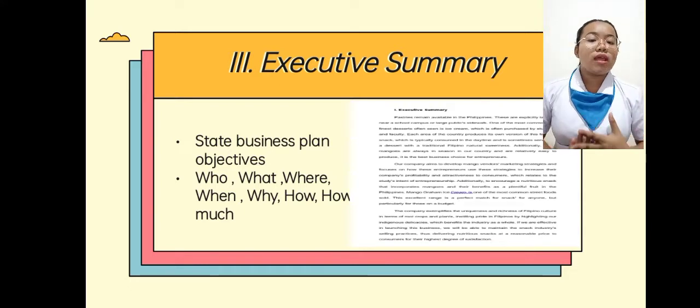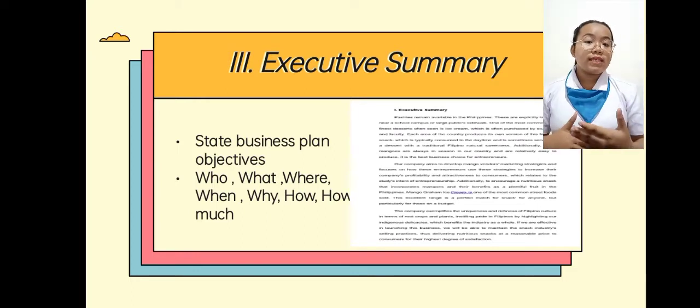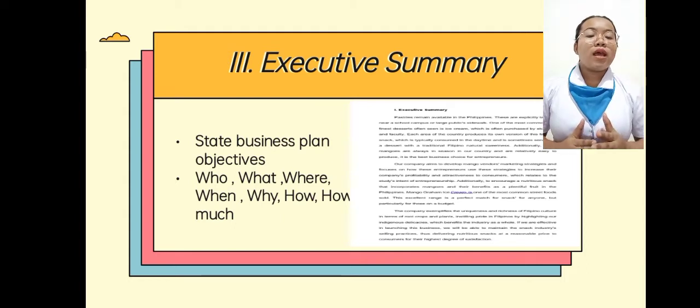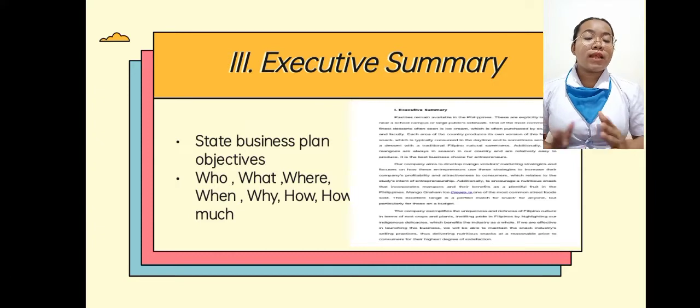It also states the people behind the business and the skills of your management team, as well as how the business will be managed. You also need to state the terms and amount needed for financing, what it will be used for, and how the loan will be repaid.